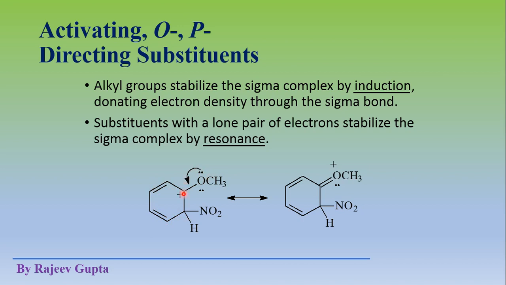So these lone pairs go inside the ring and reduce the positive charge in the ring system and stabilize this sigma complex due to resonance. So these types of groups are also ortho and para directing. How these are ortho, para directing, we will see. See how it will stabilize this.